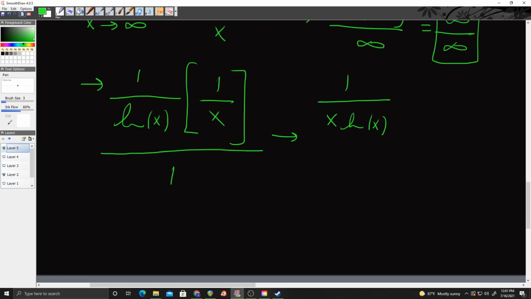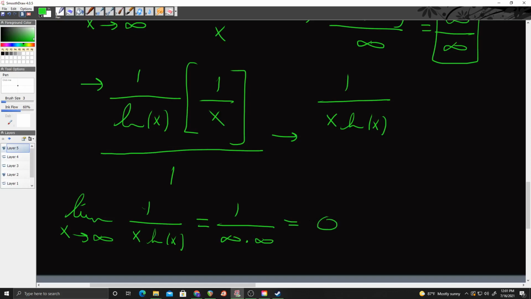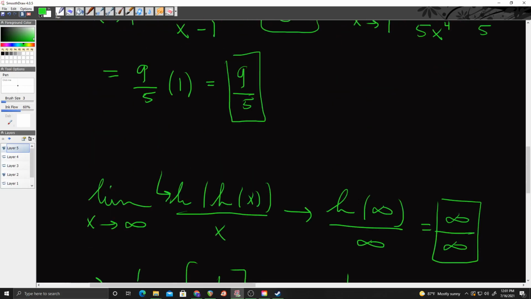Now we need the limit as x approaches infinity of 1 over x natural log x. And that's just going to give us 1 over infinity times infinity again. So 1 over, it's huge. It's going to go to 0.